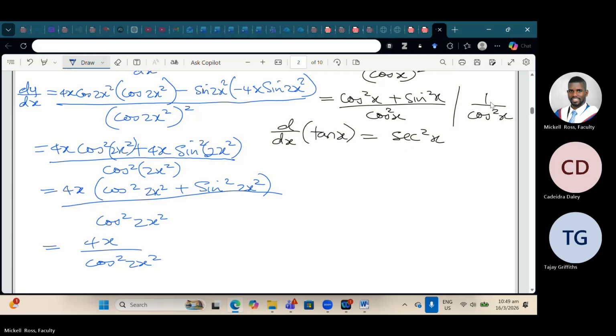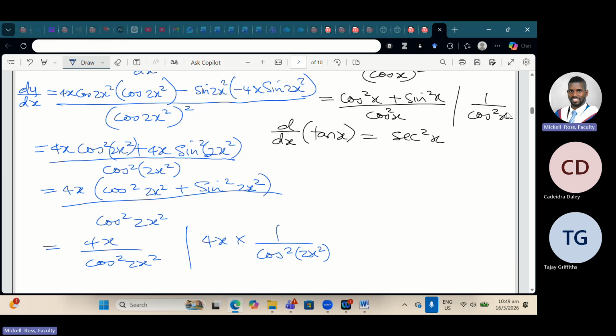So instead of having 1 over cos squared x, we now have 4x over cos squared 2x squared. It is the same as saying 4x times 1 over cos squared 2x squared.